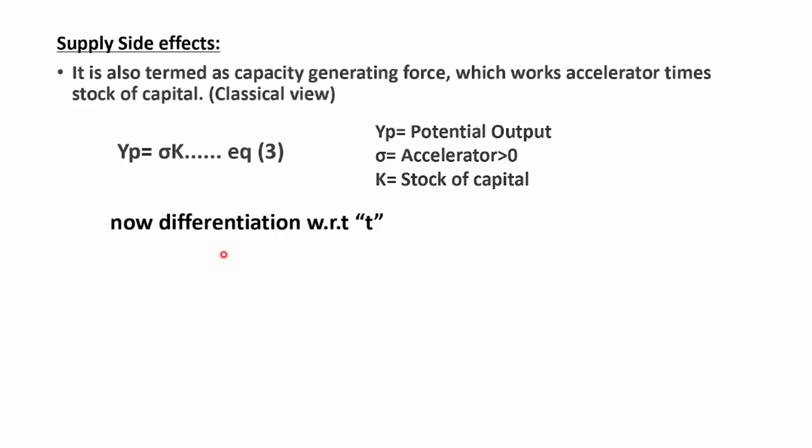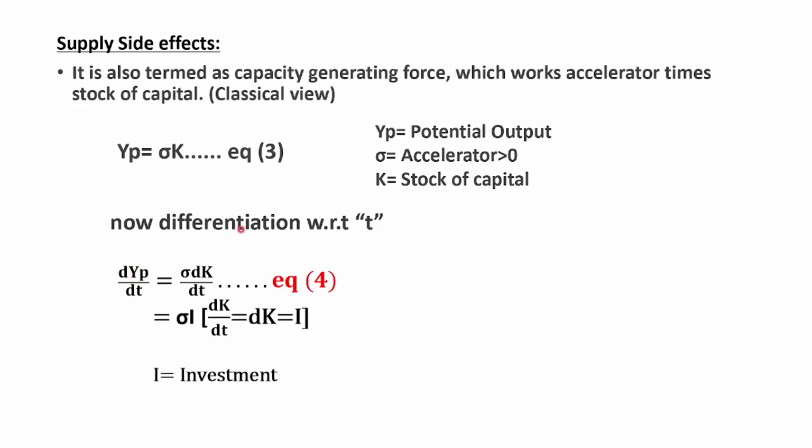As we know, we have to differentiate with respect to time. So after differentiation we get dYp/dt, and here the accelerator is a coefficient, so we don't differentiate it, but for the stock of capital K it is dK/dt. One thing you need to know is dK means change in capital stock.